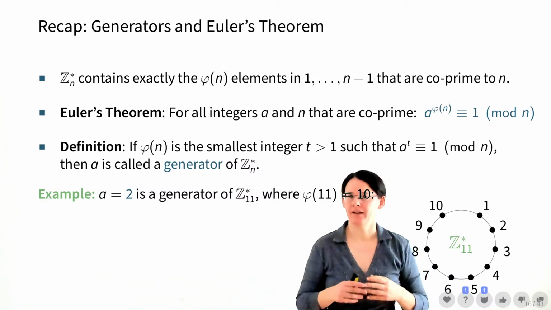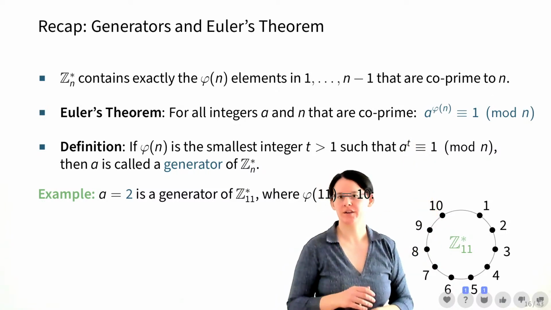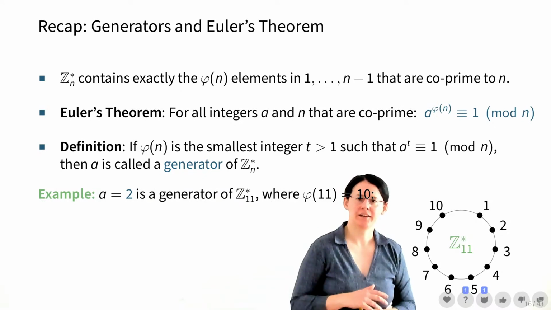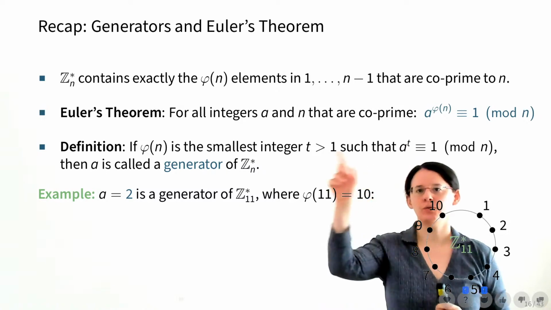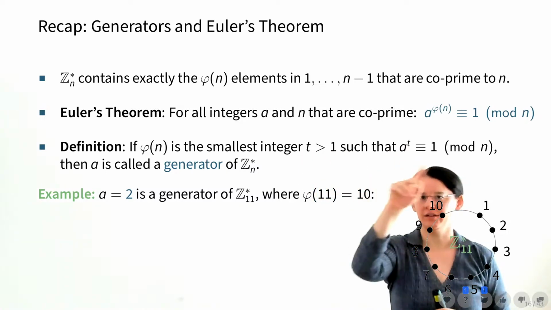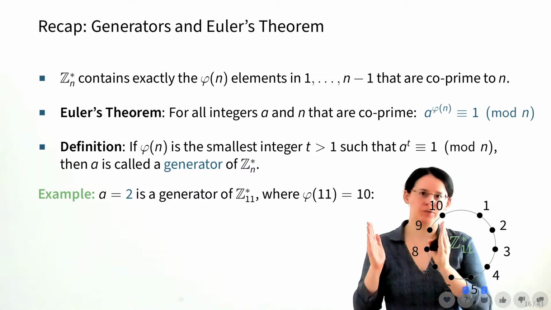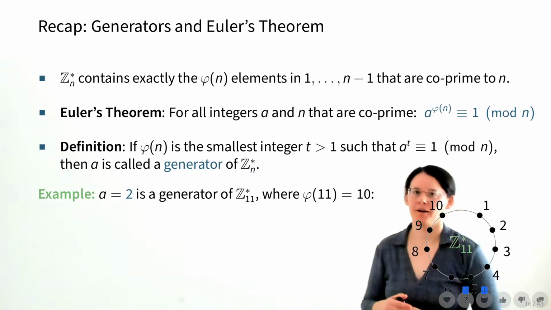So there are numbers which have already a smaller order t, so t is called the order. But we are particularly interested in the numbers which have a large order. So where there is really no t smaller than phi of n with this property. So there is no period, no repetition point smaller than phi of n. These are the interesting numbers.